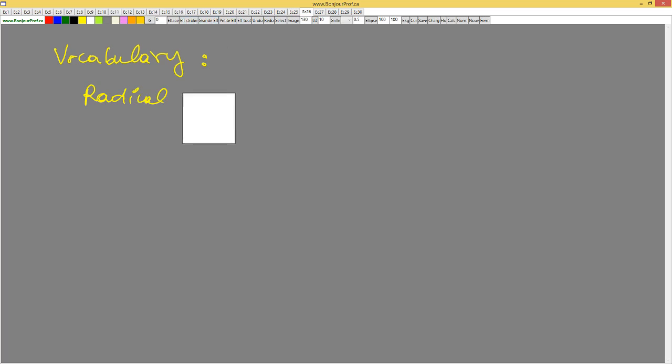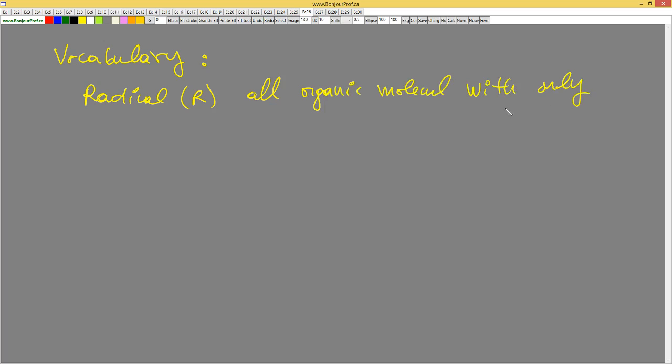We noted the radical R. All organic molecule with only carbons and hydrogens.